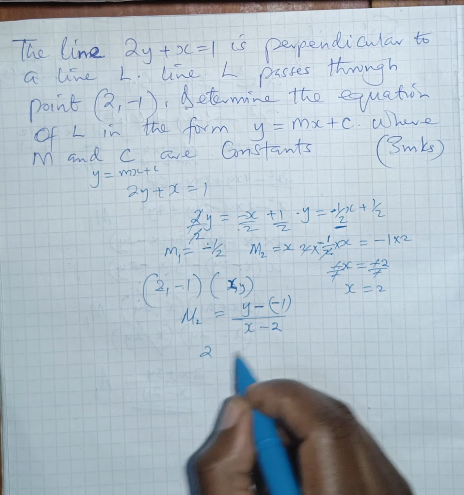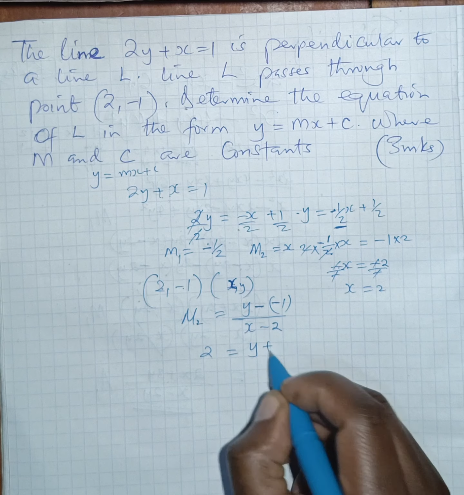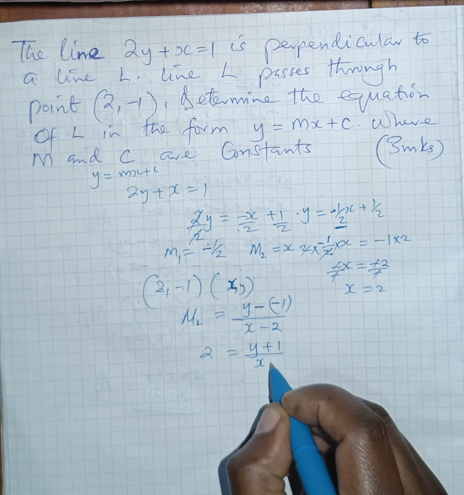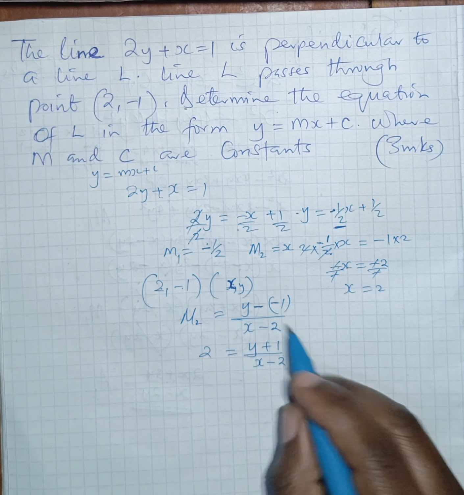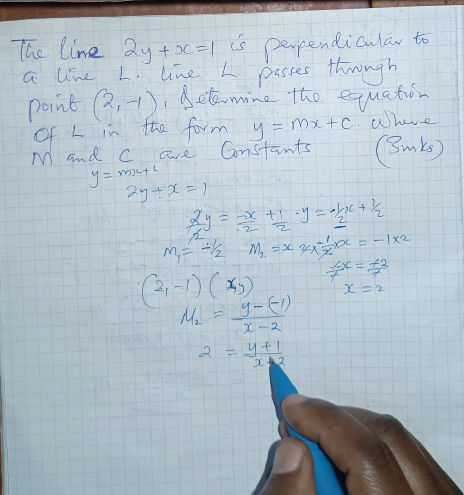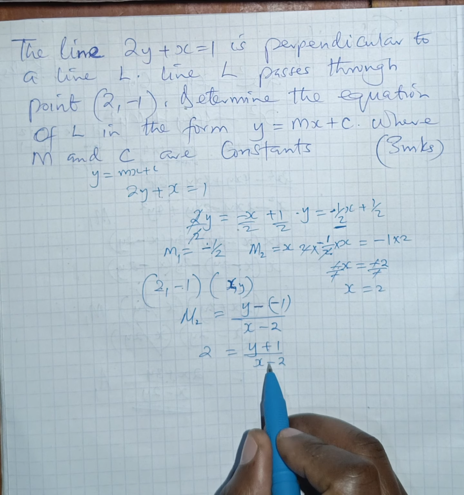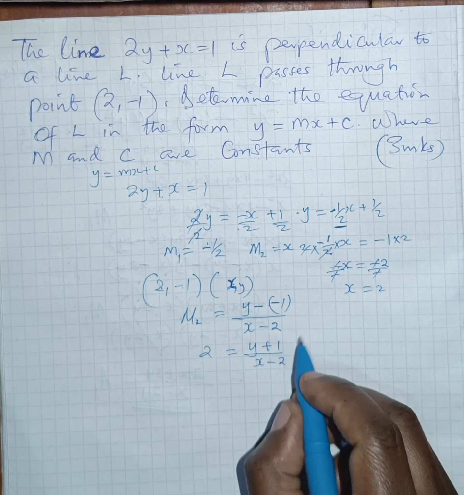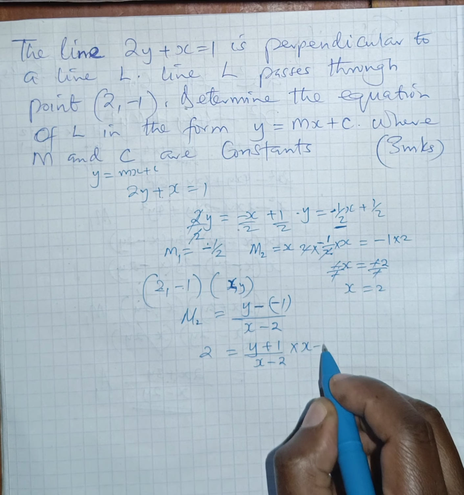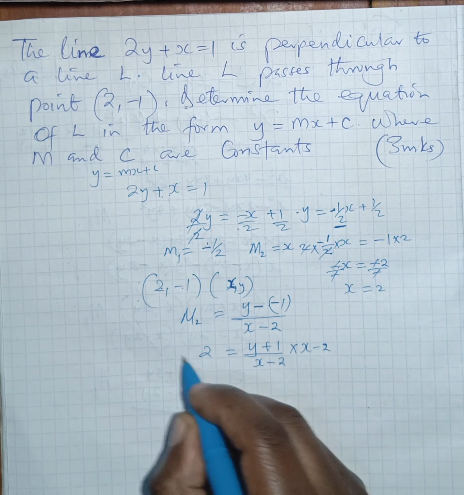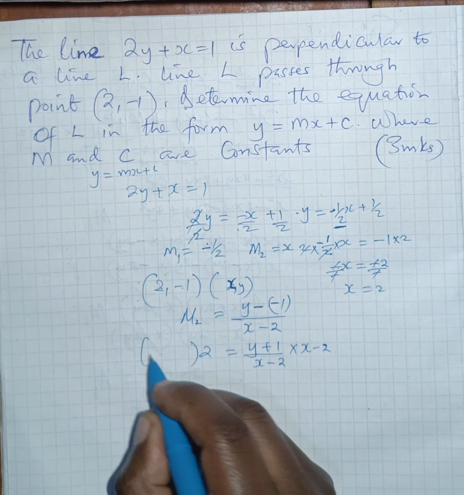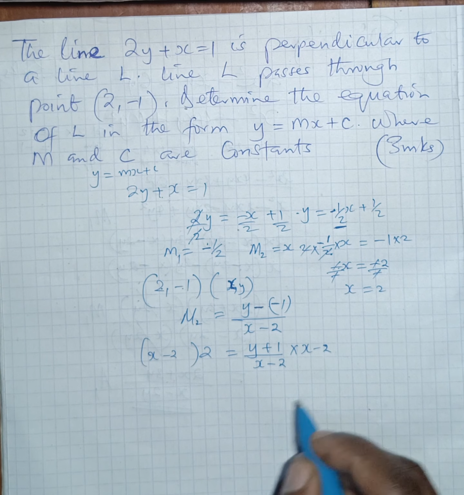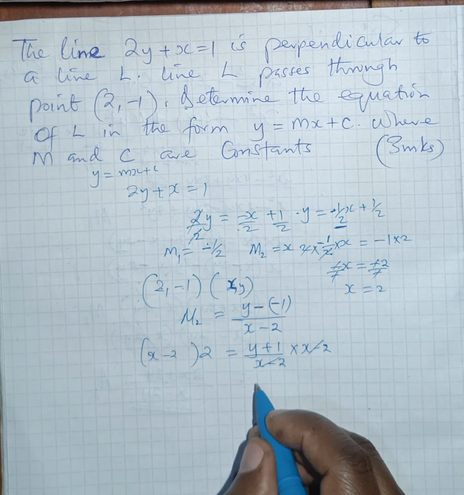So this will be 2 equals y plus 1 over x minus 2, because a minus times a minus is a positive. So now I remove this denominator by multiplying this side by x minus 2, and the whole of this side by x minus 2, so this one cancels out.